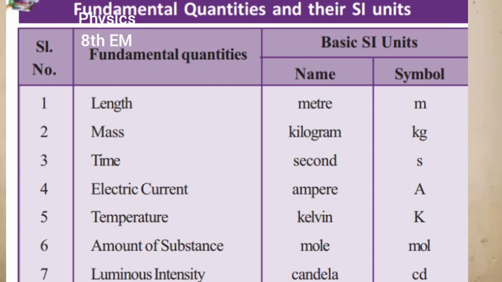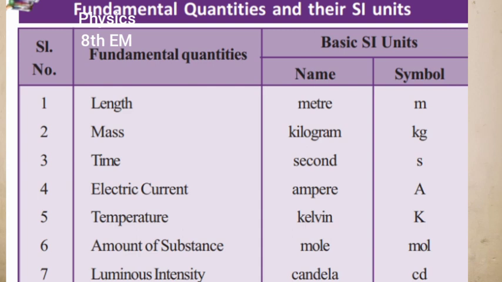Electric current, the unit of electric current is ampere, denoted by capital A. Here it is capital because it is named after the scientist. Next, temperature, the unit of temperature is Kelvin, represented by capital letter K. This is also named after the scientist Kelvin, so you have to denote it in capital letter.